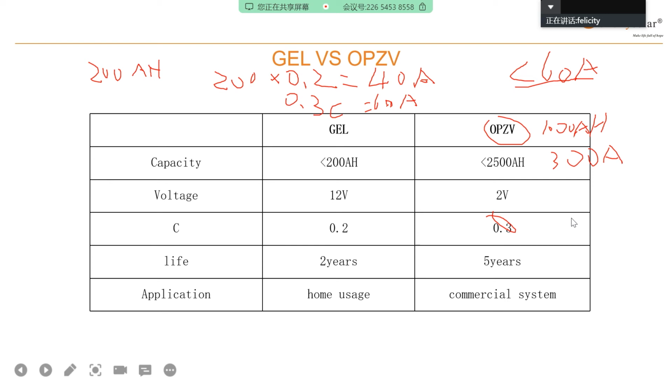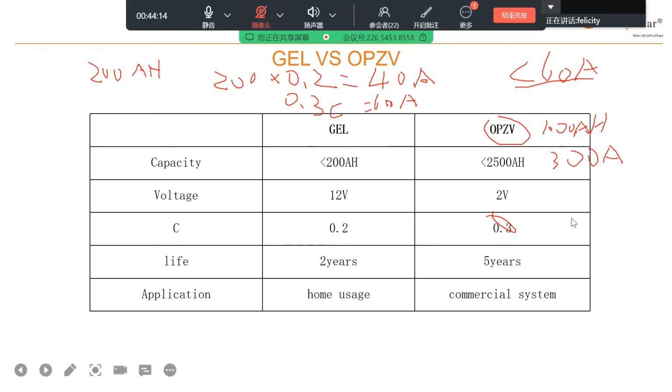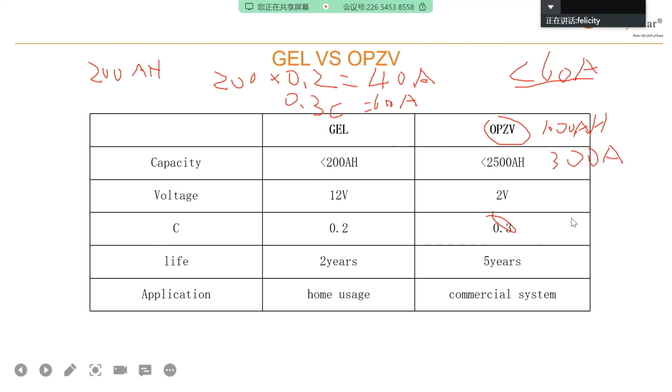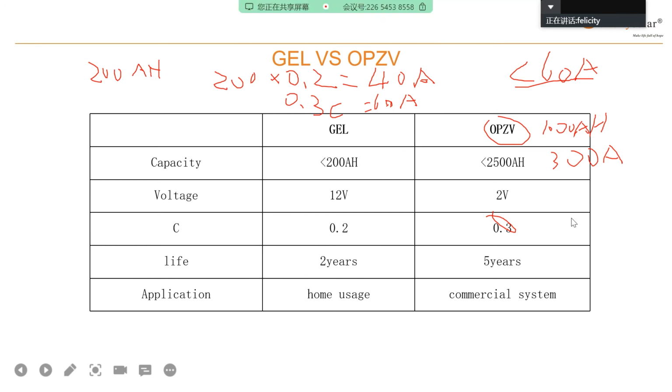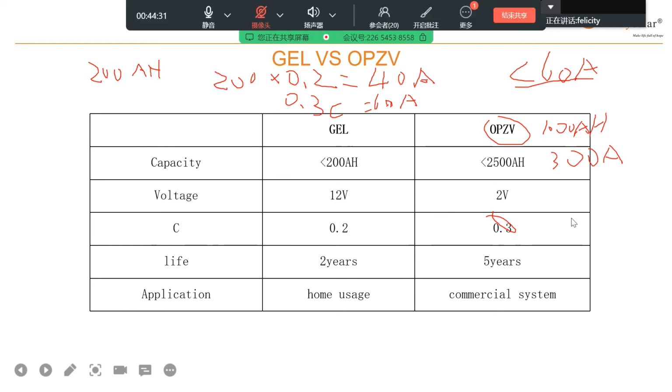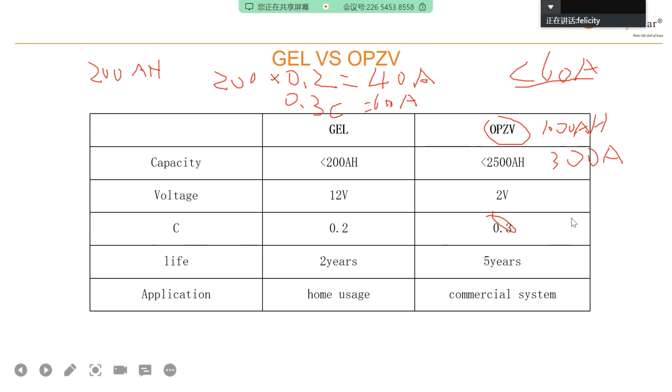If the inverter requires a battery voltage like 200, 300, even 400 volt, you can use the OPCV. Also if they require a big battery bank, you have to use the OPCV, because the OPCV capacity can be selected from 500, 1,000, even 2,000 amps, so the total energy can be up to 100, 200, even 500 kilowatt hours.